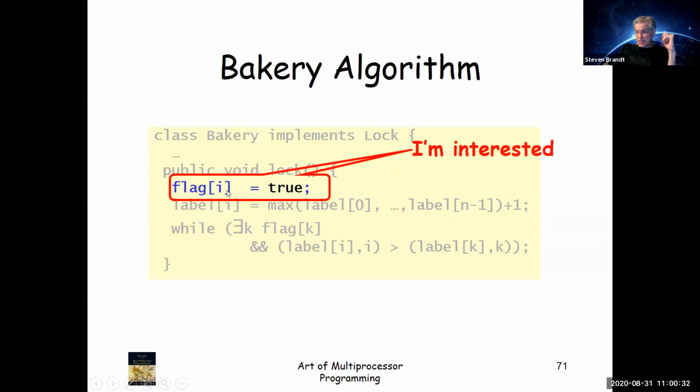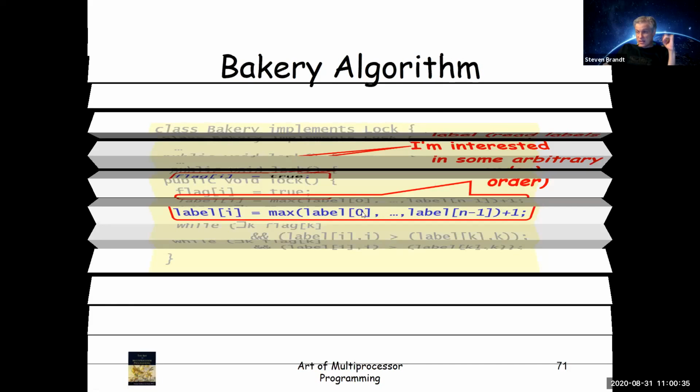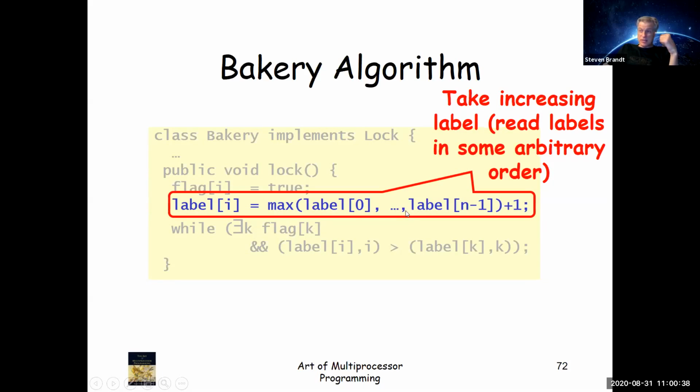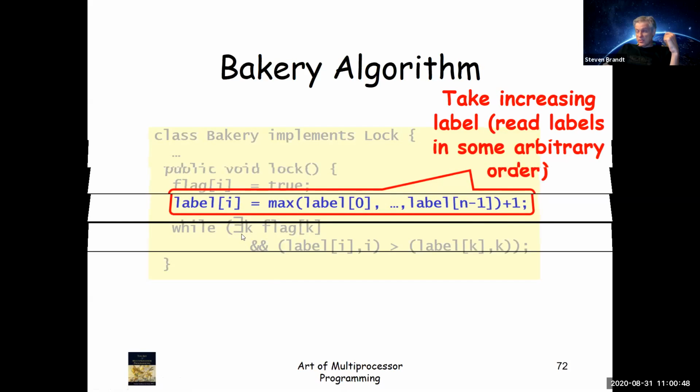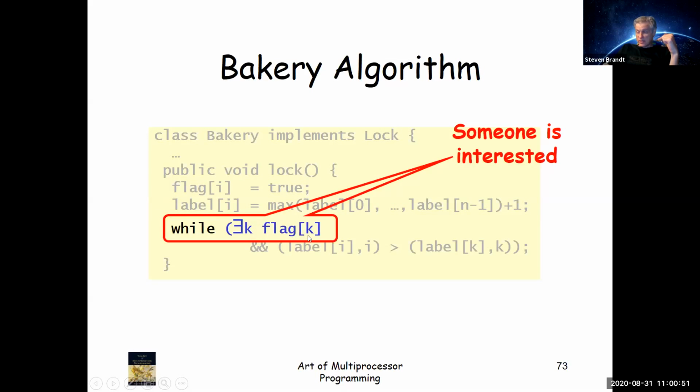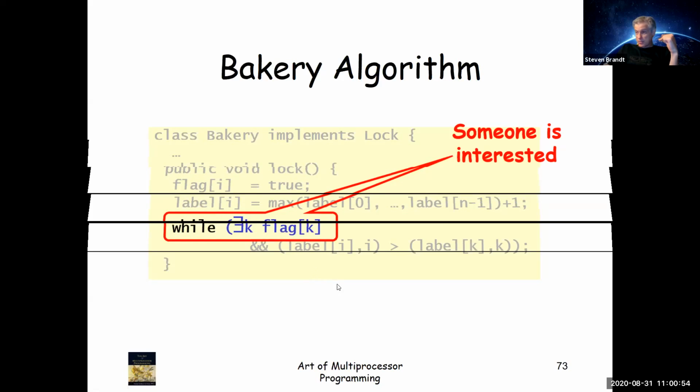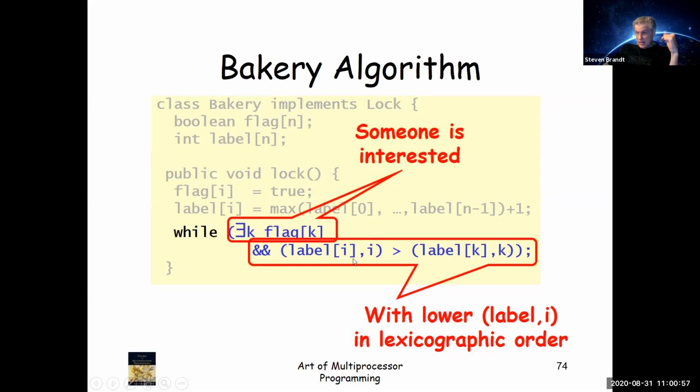So the flag says I'm interested. This takes the next number. But it could be the same number as some other thread, right? There's nothing that really stops two threads from executing this step at the same time. And then I go and look, and if I find someone that's interested, and that person has a label I, comma I greater than my label K, comma K, then even though the labels might be equal, that pair of things won't be equal, which includes the thread number.